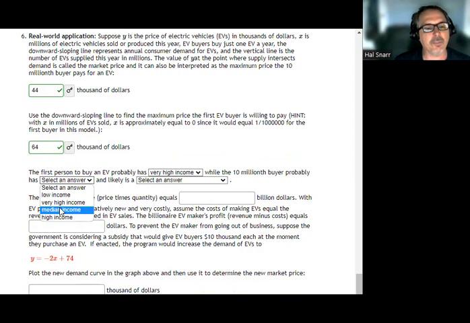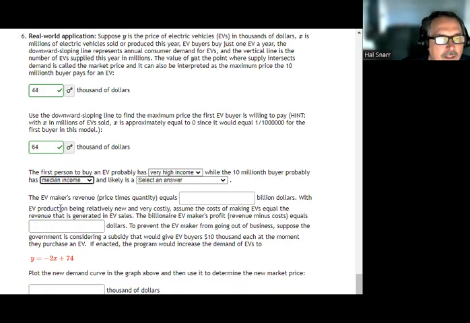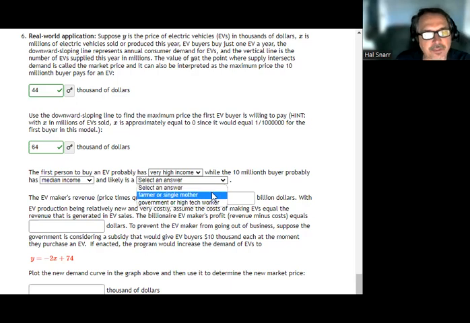We're probably talking about somebody with median income. I don't think that if you're a single mother making a median income, $44,000 is a lot of money for you. If you're a farmer, having an electric vehicle is probably not very economical given that you need pickup trucks. So the best answer would be a government or high-tech worker.